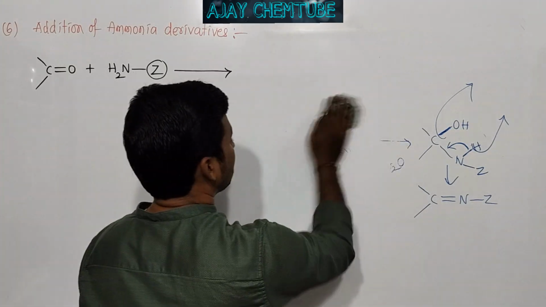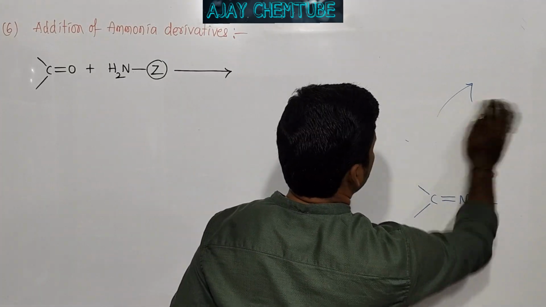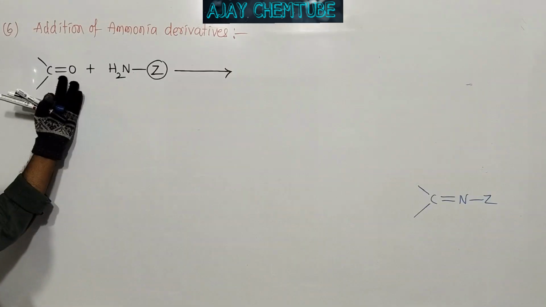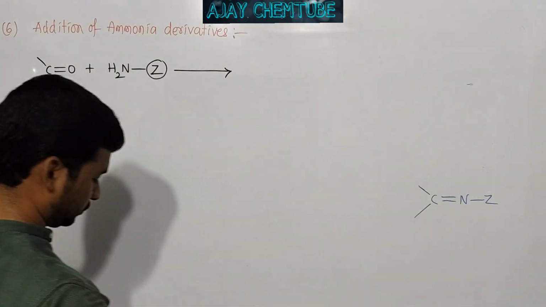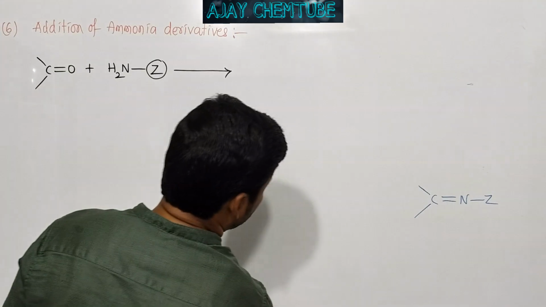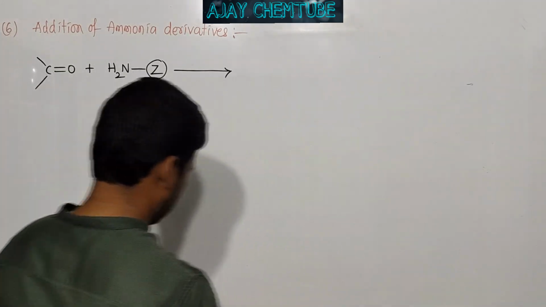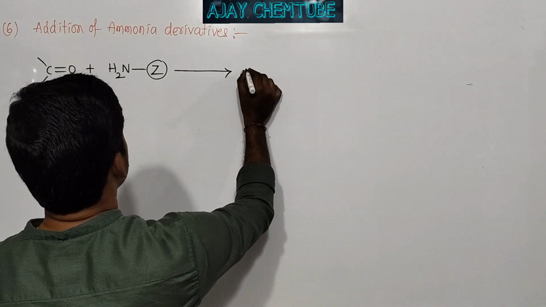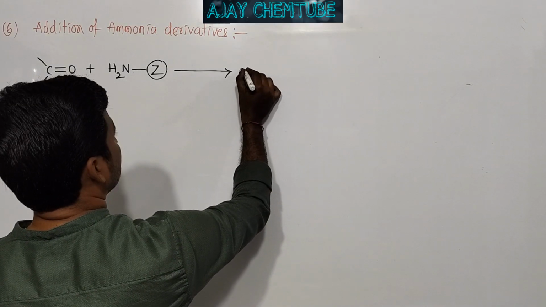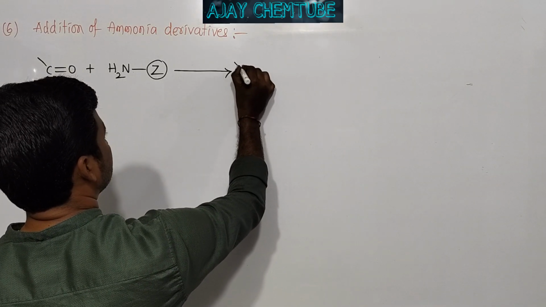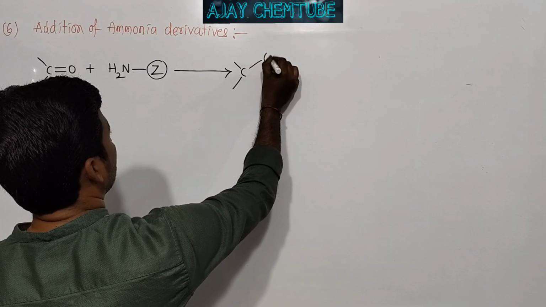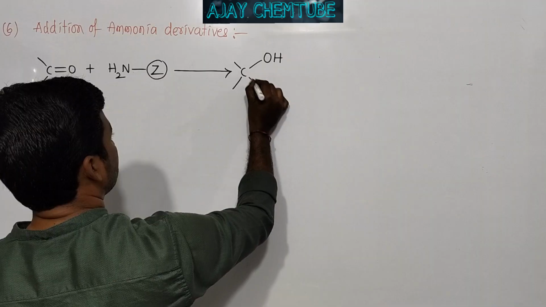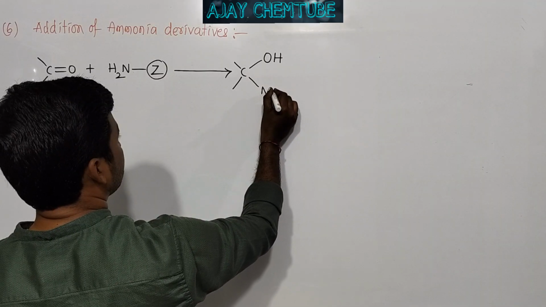What will be the expected product? This one. Here it looks like elimination of water. Correct. So here this becomes OH and this becomes NHZ.